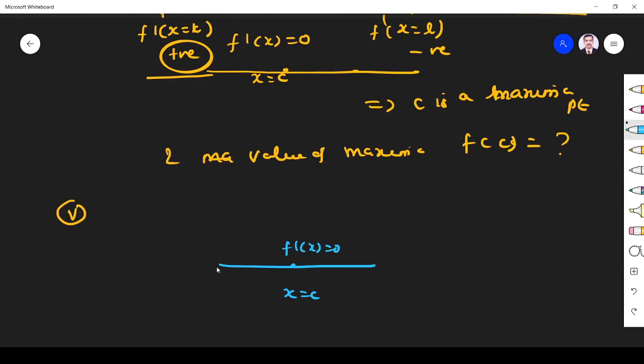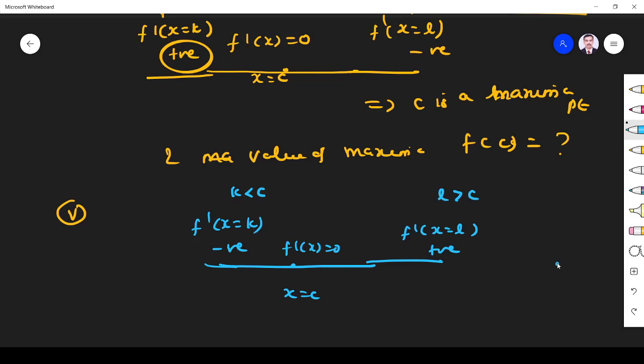Before that the slope is negative, that is f dash of x at k is negative. I change the condition. Suppose f dash of x at L is positive, where k is less than c and L is greater than c, right?